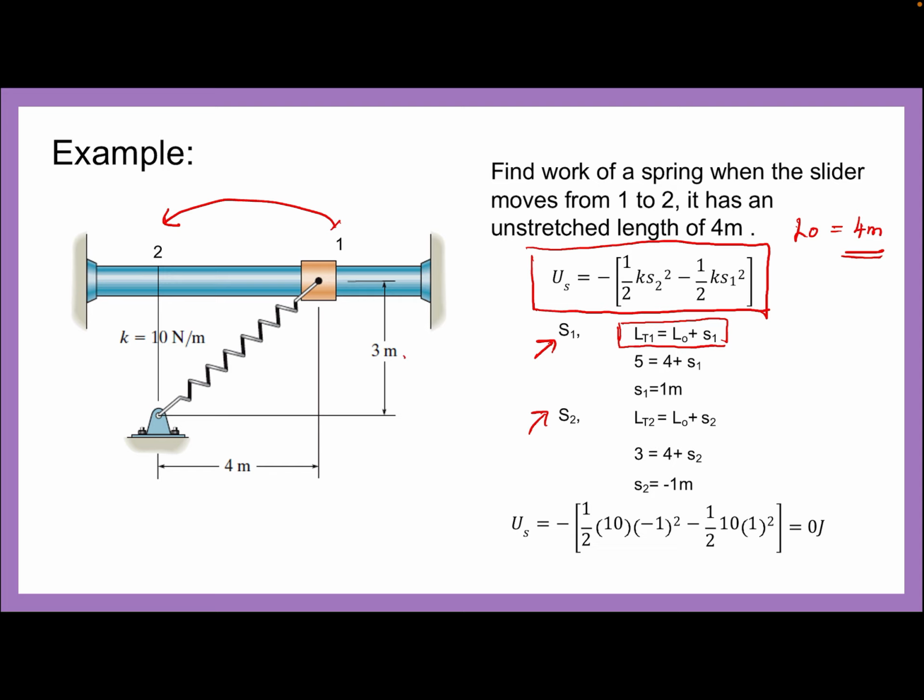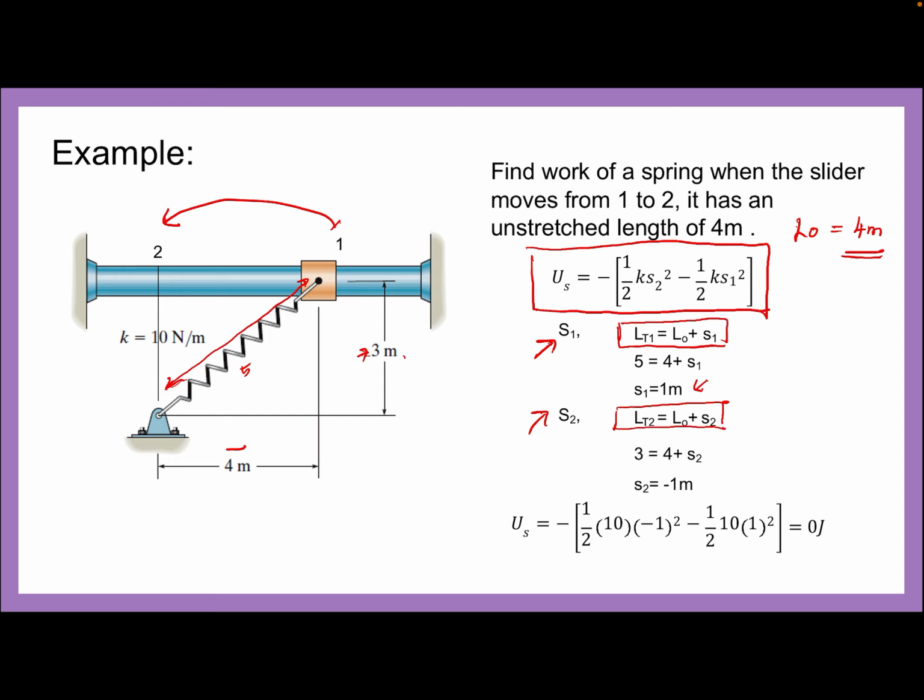LT1 is equal to this length. So how to find this length? You have 3 here and 4, so automatically LT1 is 5. Substitute into the equation and you will get S1. Next, find S2. We know that LT2 equals L naught plus S2.